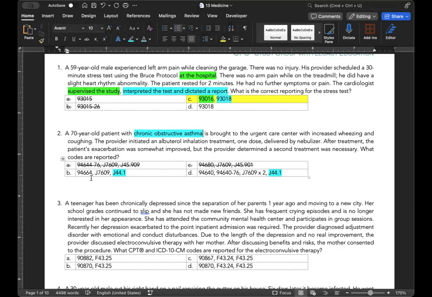So does it sound like we did either a demonstration or an evaluation of patient utilization of that nebulizer? Right. So that's not it.